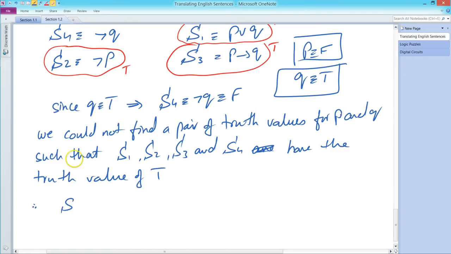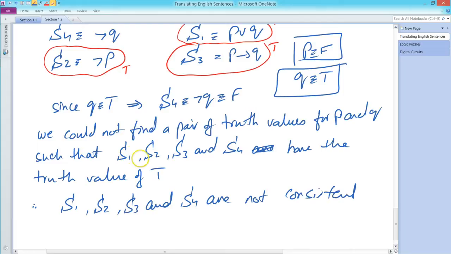Therefore, S1, S2, S3, and S4 are not consistent. And this basically is one strategy of identifying the consistency among system specifications.